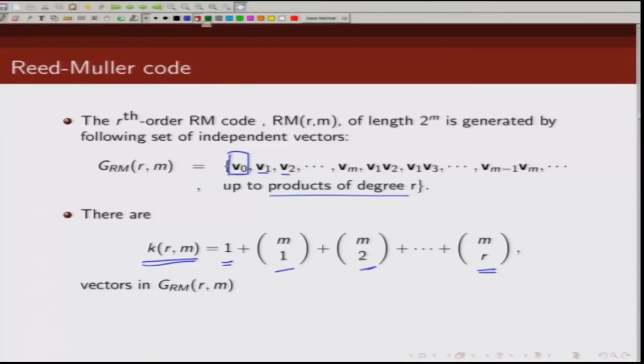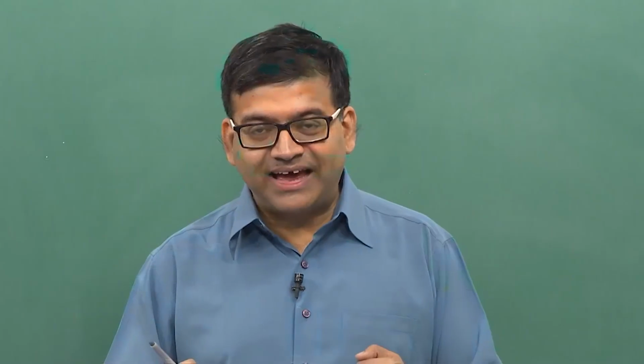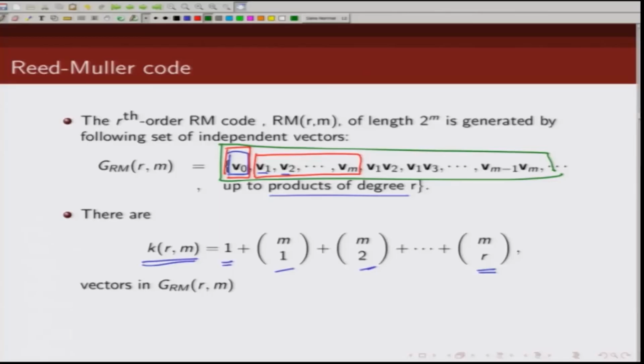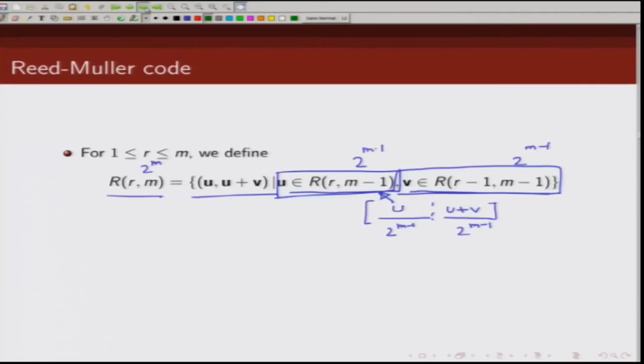If we are considering first order Reed-Muller code, it will have V0 and it will also have V1, V2, V3, Vm. If you are considering second order Reed-Muller code, this will have this and it will have all these second order terms. So, you can see that smaller order Reed-Muller code is already embedded in the larger order Reed-Muller code.